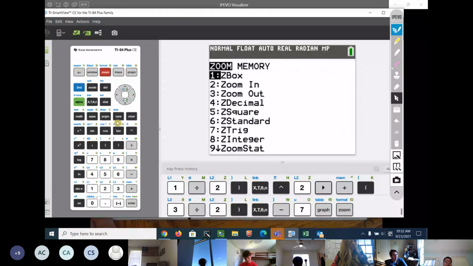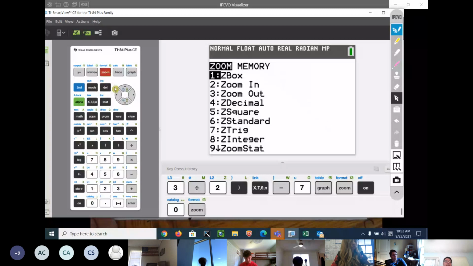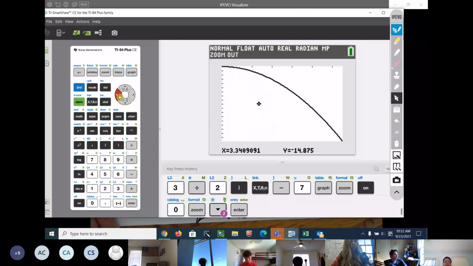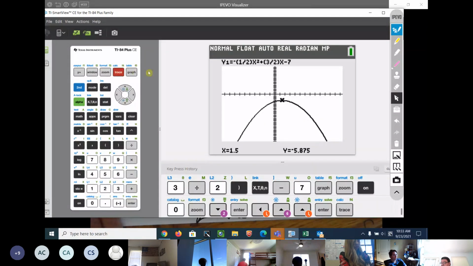Well, hit the wrong button. And let's do a zoom out, and put the middle of the cursor right around here. And there it is. You can do a trace right here and see all your values. That's pretty much the vertex right there.